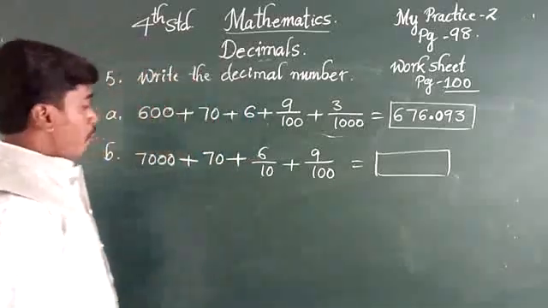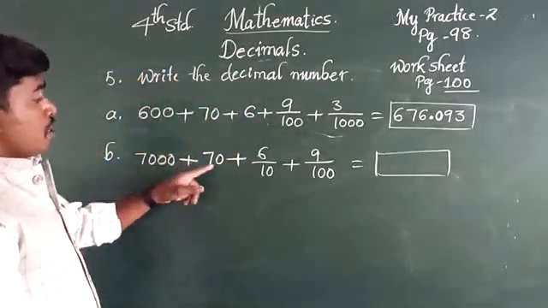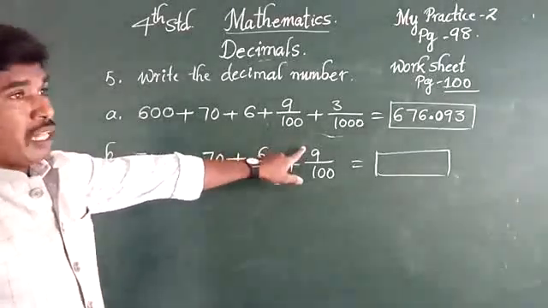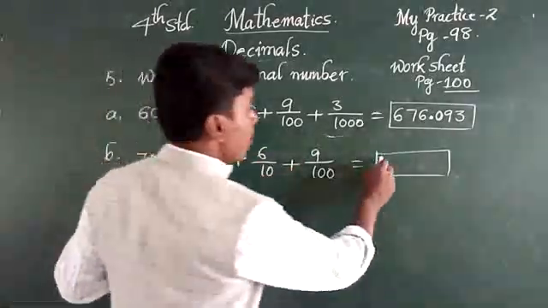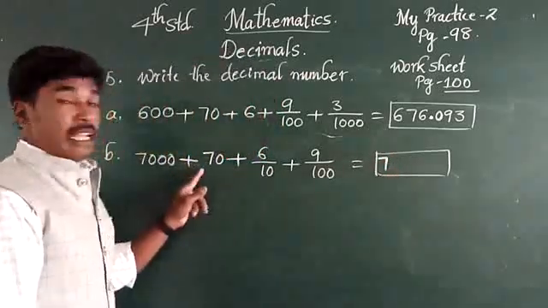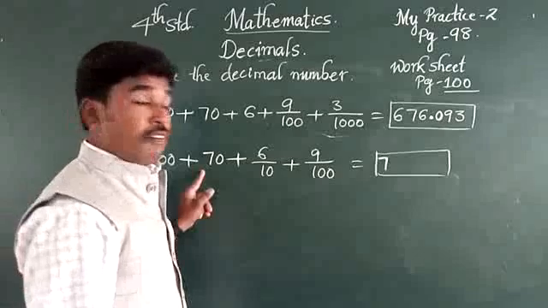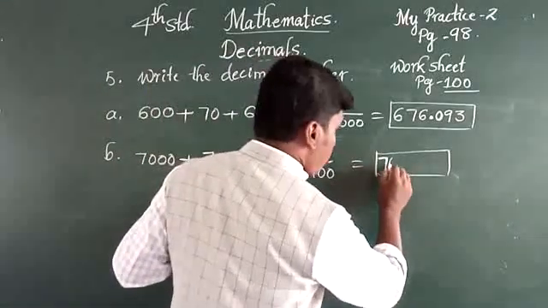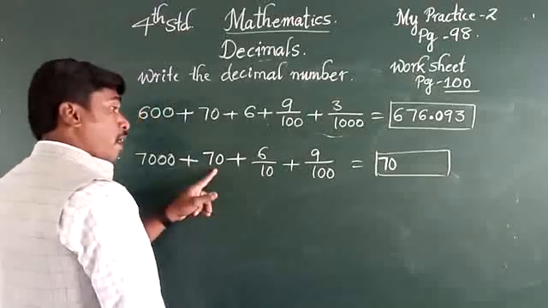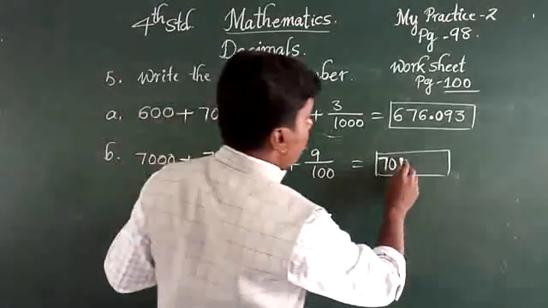Now you come to the second one. 7070. Here 10 place is there, then 100 place is there. 7000. After 1000, you need to write the 100 place, but 100 place not given. What you are going to write? You write 0 because 100 place is not given. Next is how many tens?